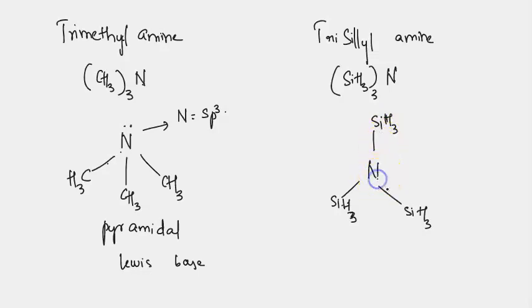And here these two are sigma bonds, and this is a sigma bond, and we observe a dative bond between the lone pair of nitrogen and the silicon.